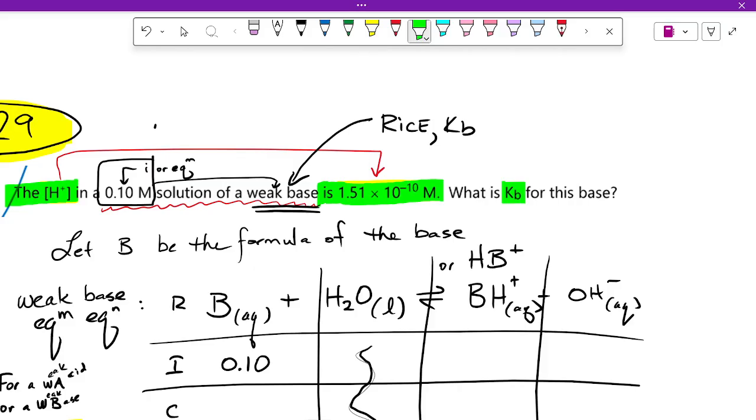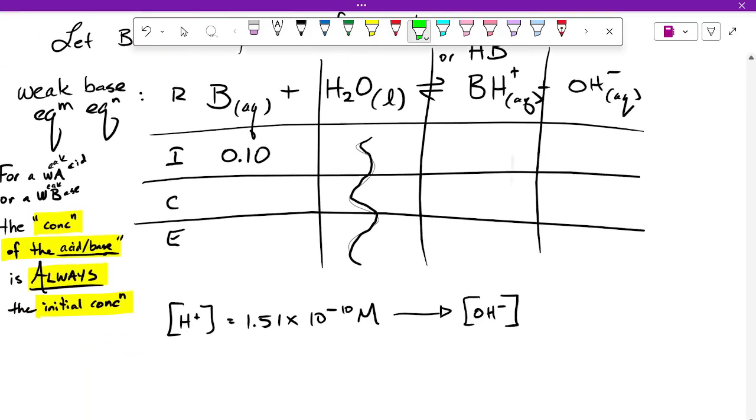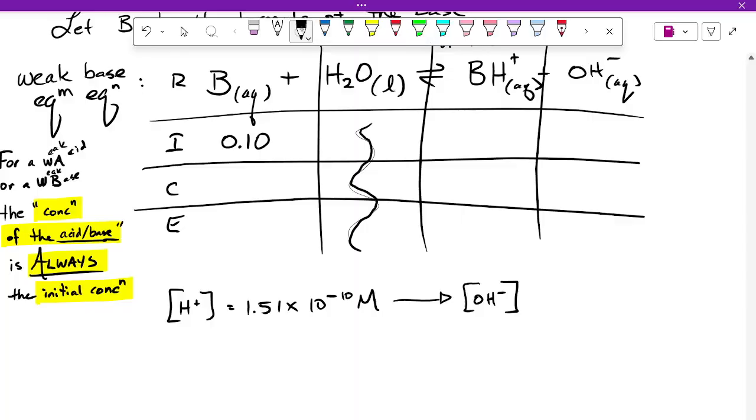There's a clause in the middle of the sentence. Yeah? So that requires a little bit of careful reading. Yeah? And this is our equilibrium concentration, so we'll be finding the OH at equilibrium. And how do we calculate OH at equilibrium? Kw over hydrogen.